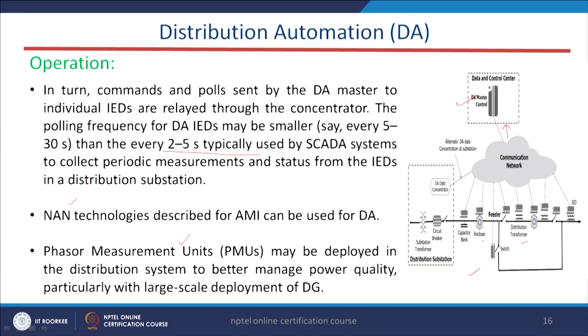We are also planning NAN technologies for AMI, which we discussed during our AMI part. Those technologies can also be used for DA. So, today we will keep our lecture here.